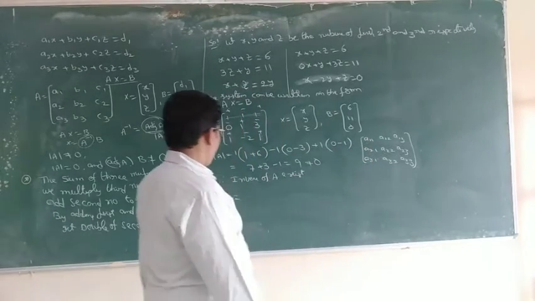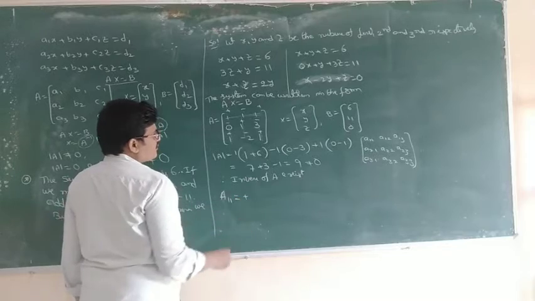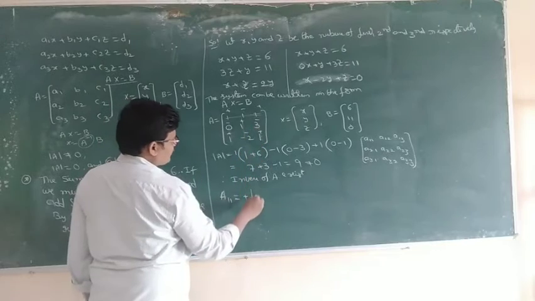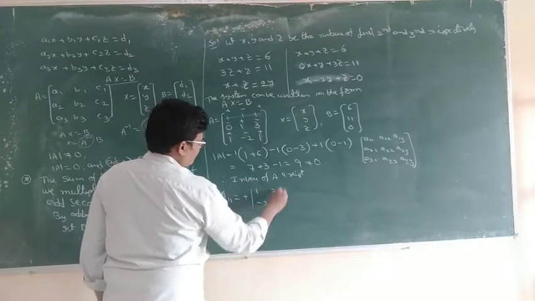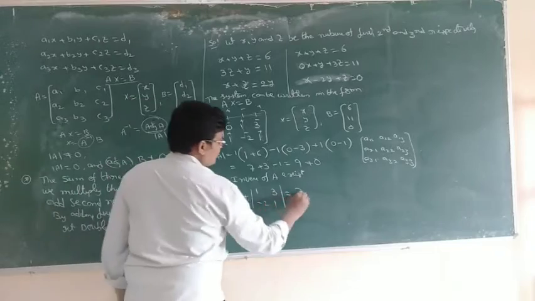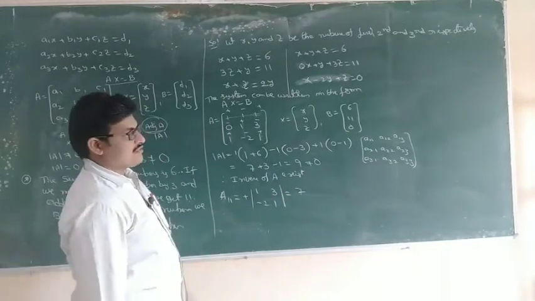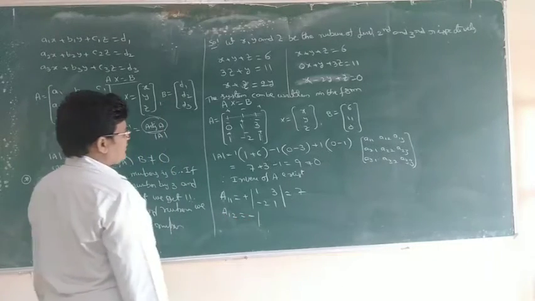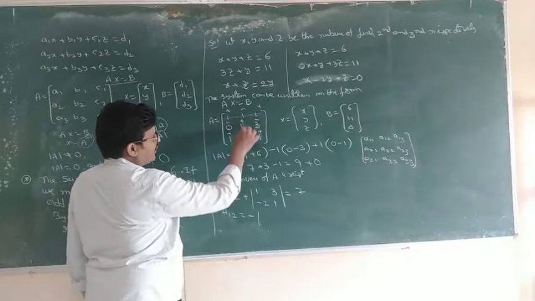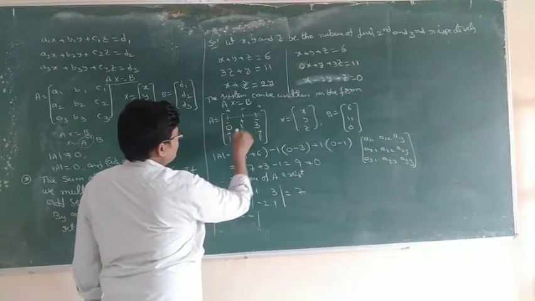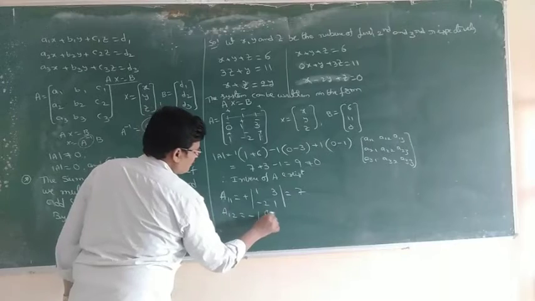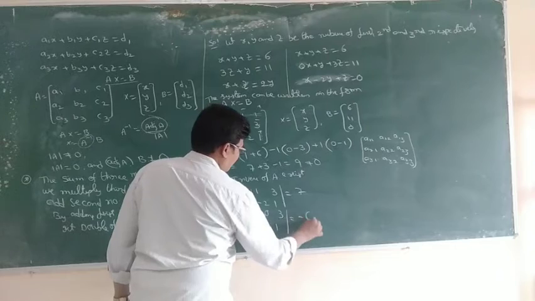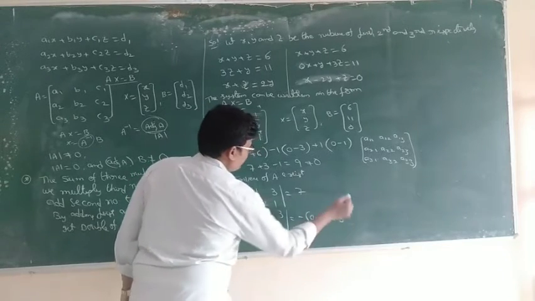For this small a11, the first element has a plus sign, and we delete the corresponding row and column, leaving 1 3 minus 2 1, so that is equal to 7. Next, A12 is minus, deleting the corresponding row and column, leaving 0 3 1 1, so that is minus of 0 minus 3, which is equal to 3.